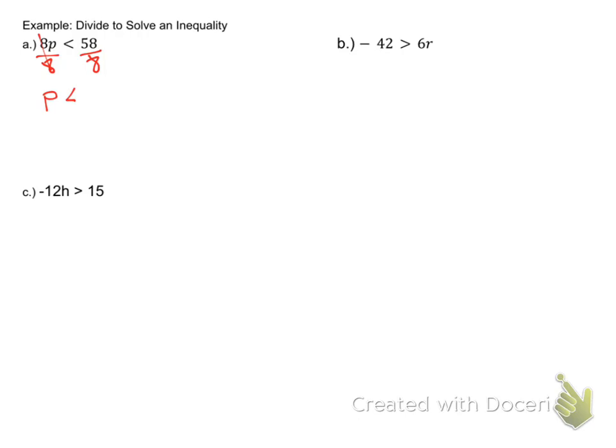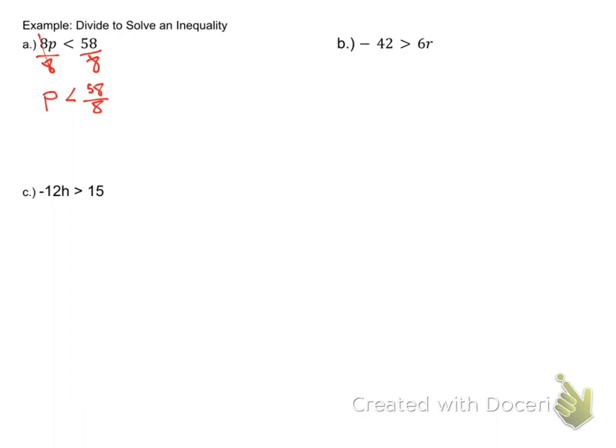Is less than 58 over 8. Leave it as an improper fraction, guys, but make sure you simplify or reduce the fraction. 58 and 8, they're both what kind of numbers? Positive. They're positive and they're even.